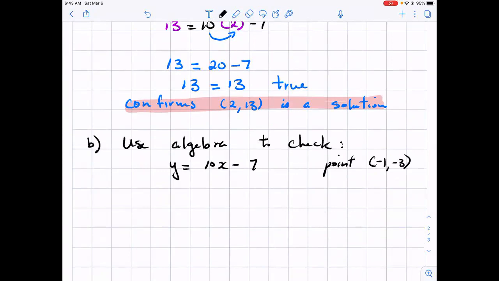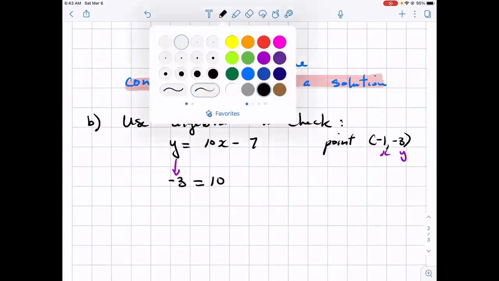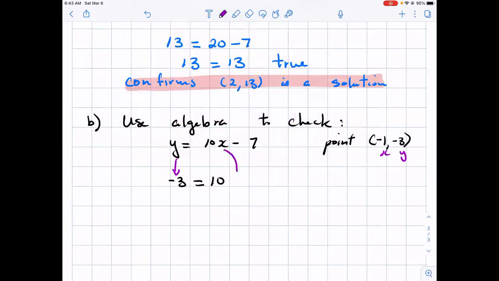And remember that this is x and that's y. So instead of y, we're going to write -3 equals 10, and instead of x, we will write -1, and then we subtract 7.